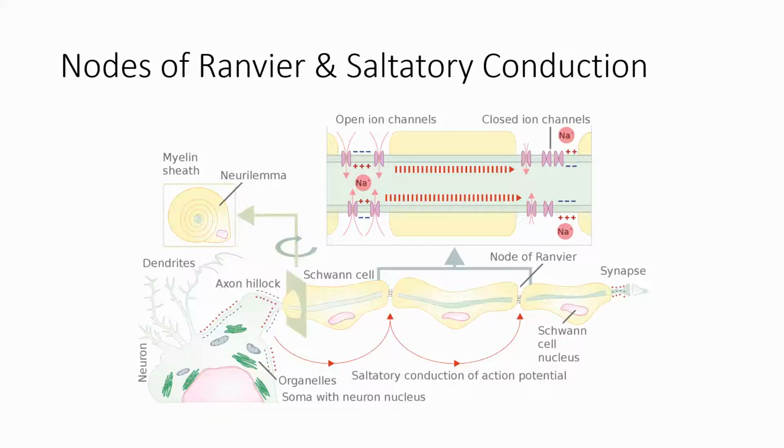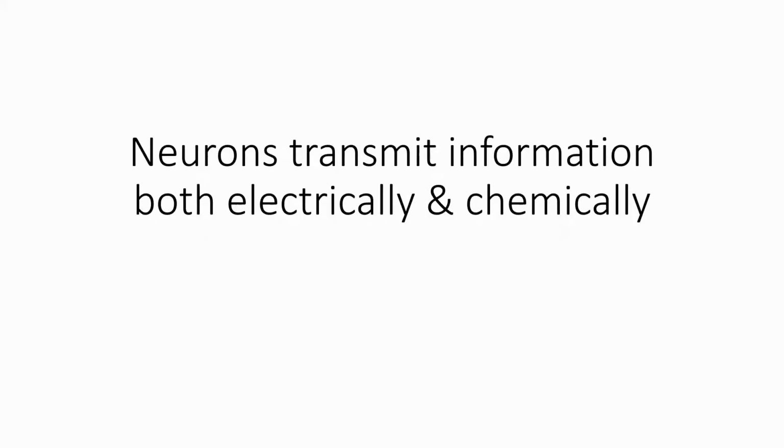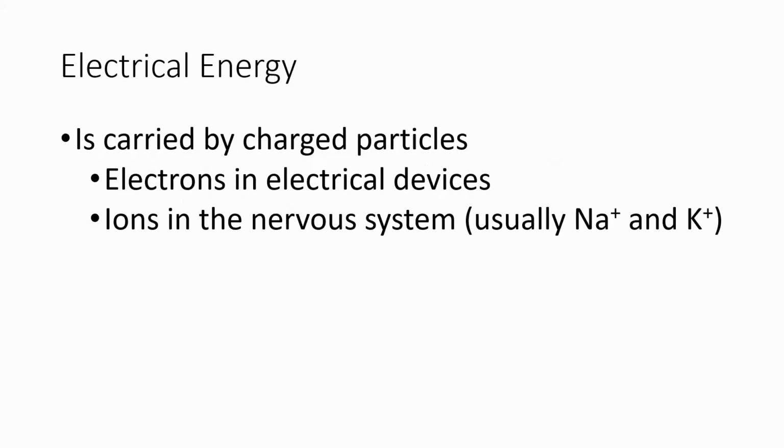And so, yeah, I don't think you need to know nodes of Ranvier or the term saltatory conduction, but you may need to know that this myelination speeds up the transmission of what's called an action potential. An action potential is the way a neuron sends a signal. So it is actually an electrical signal, and then at the very end of the neuron, when it's sending a signal to another neuron, it's going to change to a chemical signal.